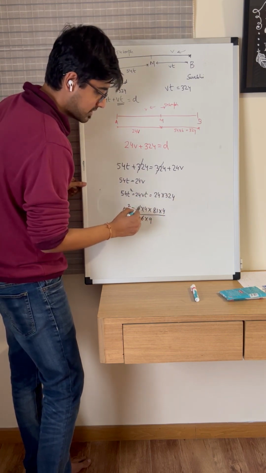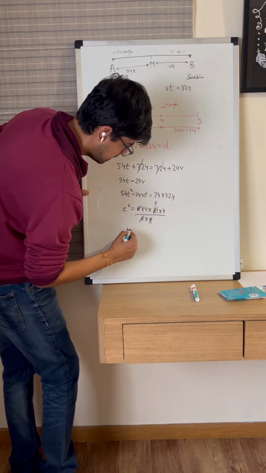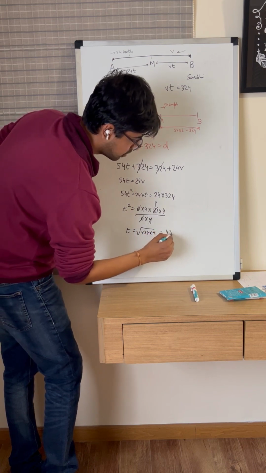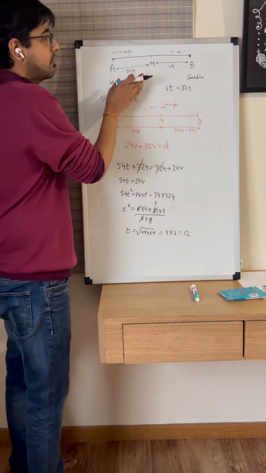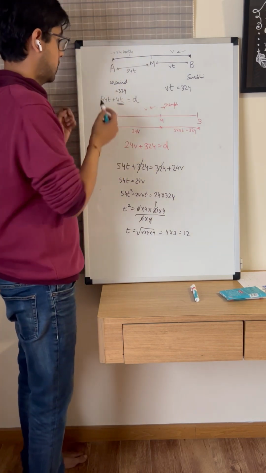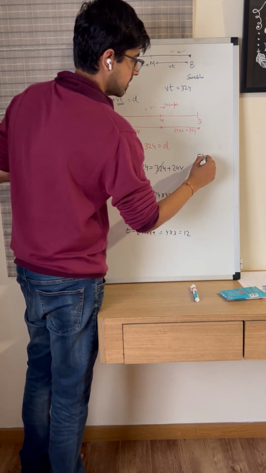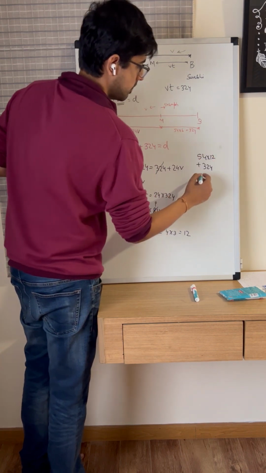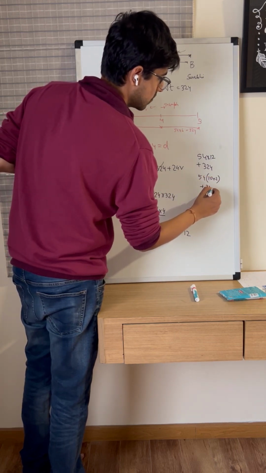And how does that work? 6 and 6 get cancelled. 9 and 9 get cancelled. So T is equal to root of 4 into 4 into 9, which is 4 into 3, which is 12. Now I have the time that they took before the meeting, which eventually leaves me with the distance D. I just need to substitute it here: 54 into 12 plus 324, which is 54 into 10 plus 2 plus 324.